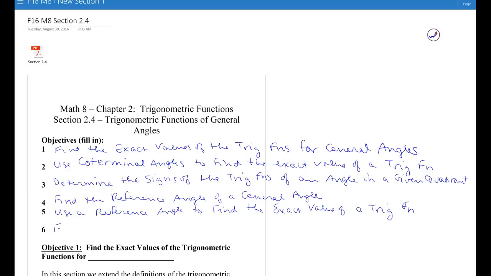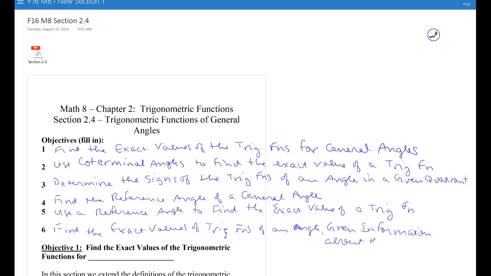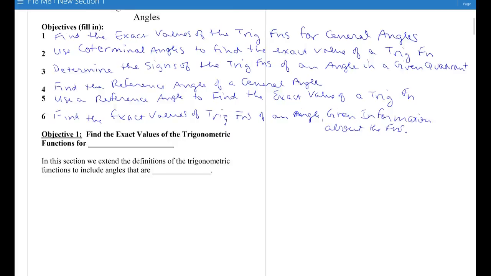And then the last objective is going to be find the exact values of trig functions of an angle given some information. So these will be like little puzzle problems. So if you can't read my writing, sorry, you can look in the book.